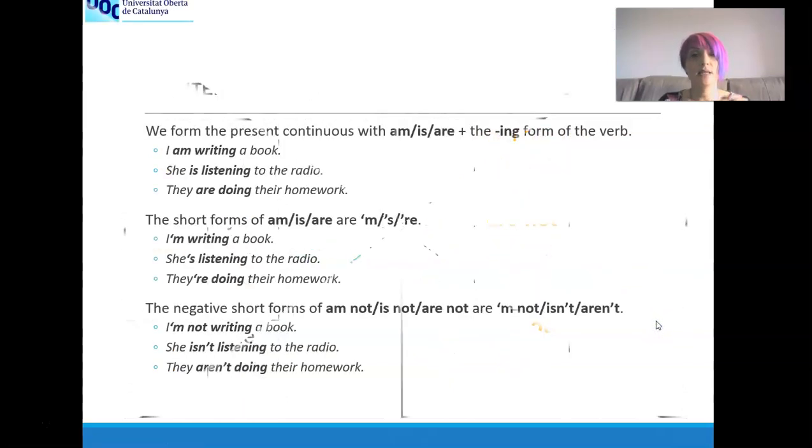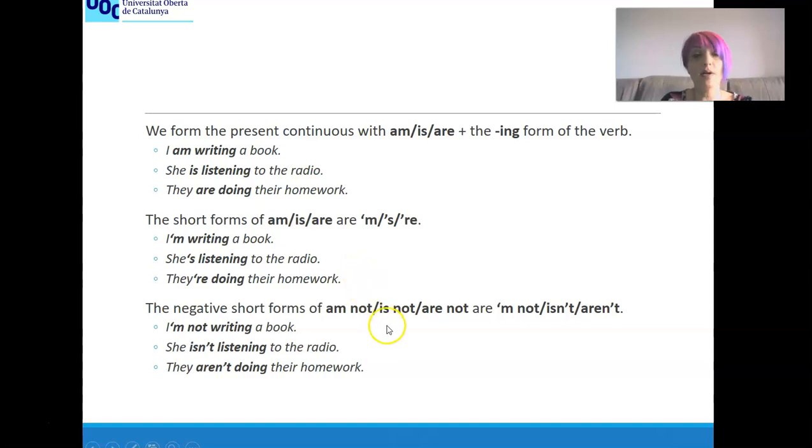Right. So basically we form the present continuous with the verb be and the ing form of the verb. Yeah? Remember the short forms of am, is, are. We can use them in here. For example, I'm writing a book. She's listening to the radio, or they're doing their homework, right?